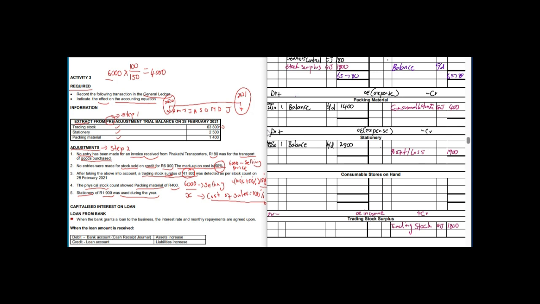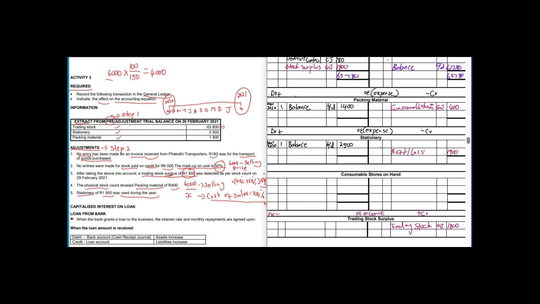How much is the shortage? It's 61,780, meaning the trading stock that we are left with in the business at the end of the financial year is 61,780. In this case we can see that the opening stock that we had was 63,800, and then we bought more for 180 rand, and then we detected that we had a surplus of 1,800, and then we are closing with this.